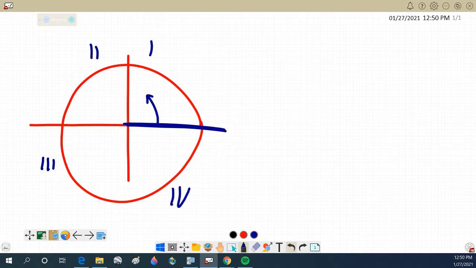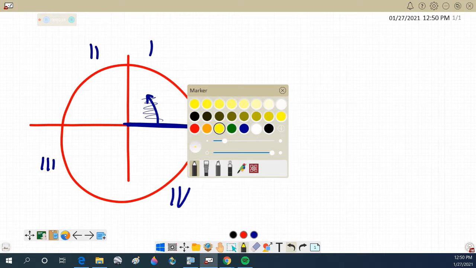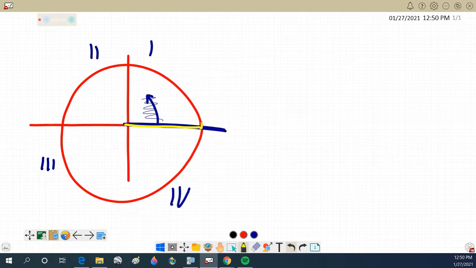Okay? So, the problem is, if I measure the rotation, then I can't graph that on the x-axis as a function. So, instead of measuring the rotation, we are going to measure how big is the radius. Okay?